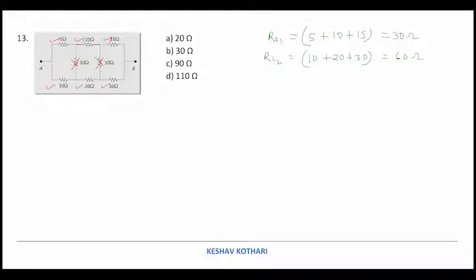And if I calculate R parallel, we can write it as R1 R2 upon R1 plus R2. So we get the effective resistance of 20 ohm for this particular problem. Let us move to the next question.